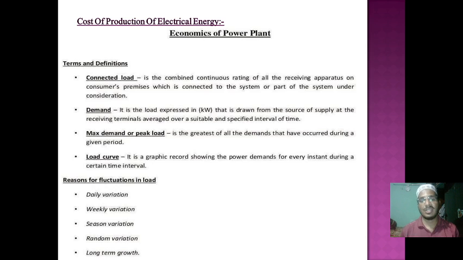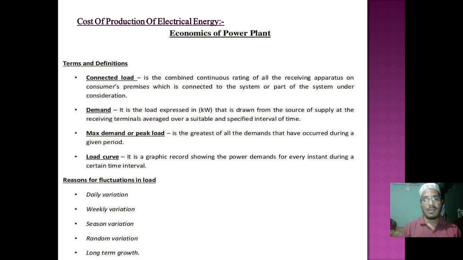Sometimes one, two, three or four customers want power energy at the same moment, and we have to produce more power energy. That is the peak load, or the maximum demand.